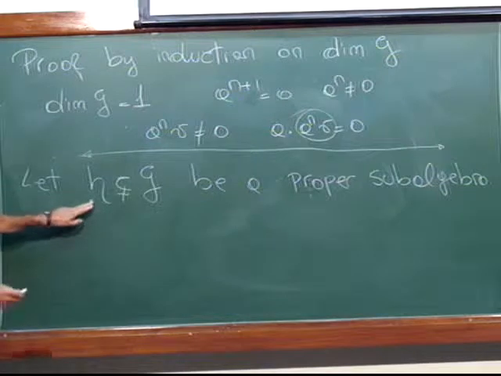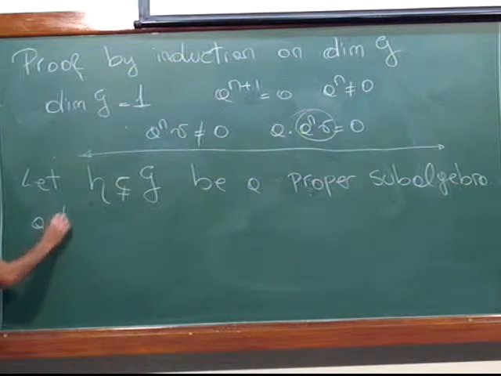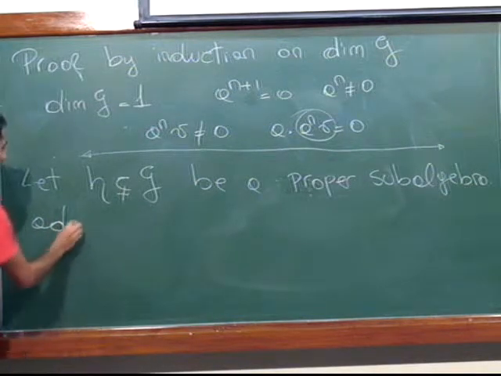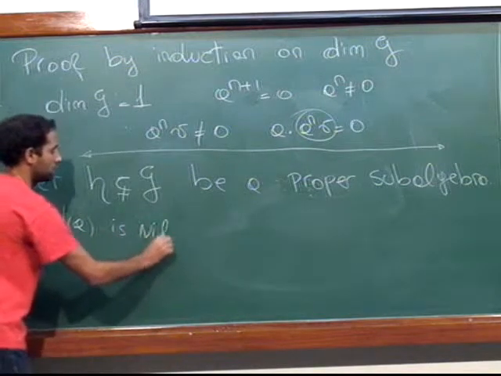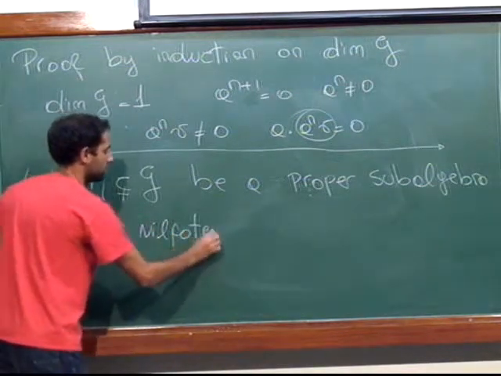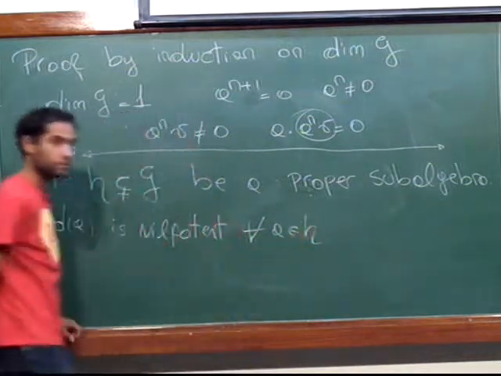Since H acts by nilpotent operators, the adjoint action of H, ad A, is nilpotent for every A in H. That was the previous lemma.